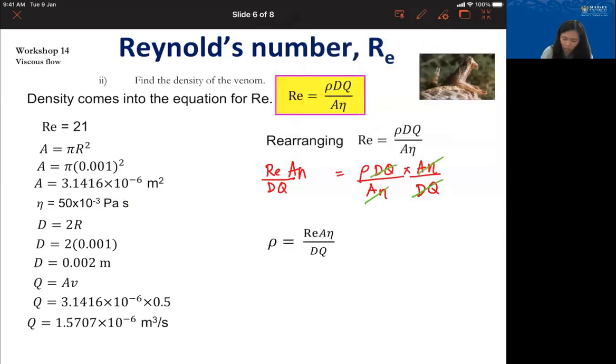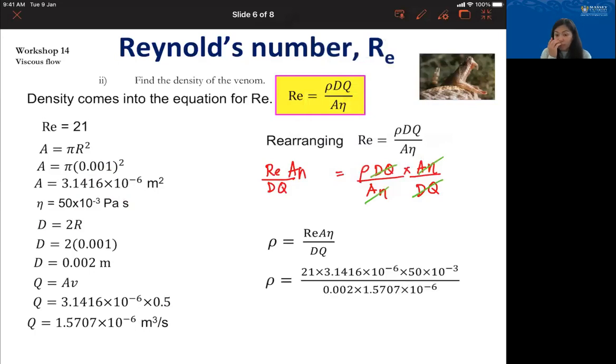And so your rearranged equation for density is the Reynolds number times the area times the viscosity divided by the diameter times the flow rate. And we know everything, so it's just a matter of plugging in the numbers. Just checking that I have the numbers correct. Okay, and carrying out the calculation.